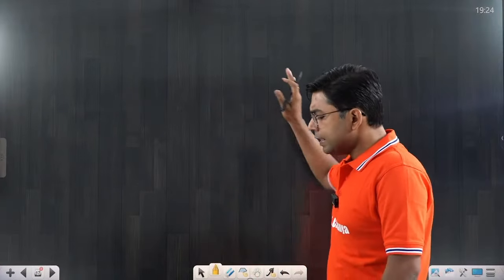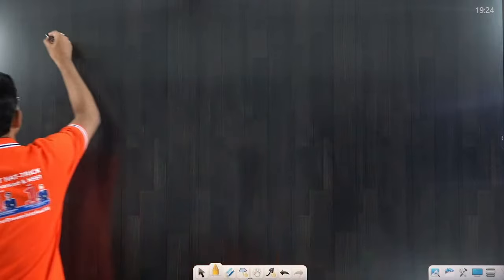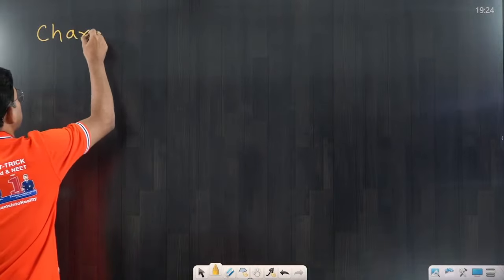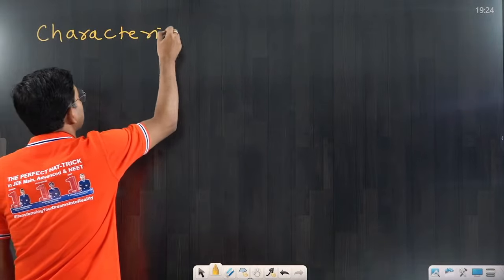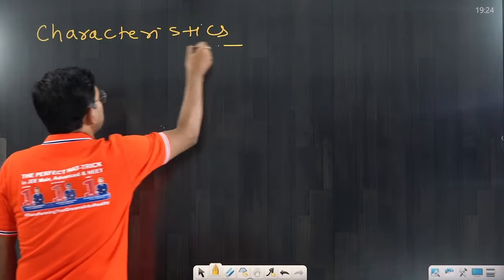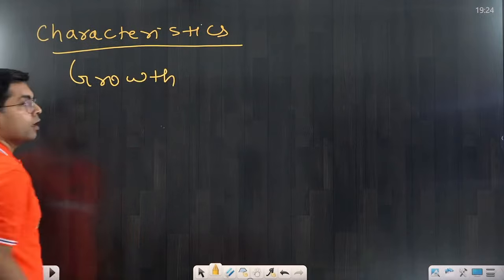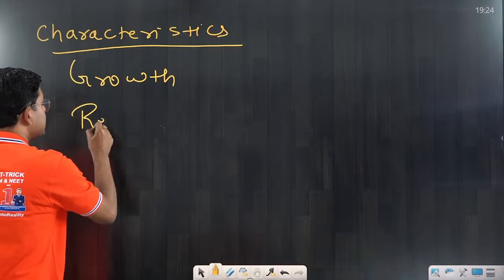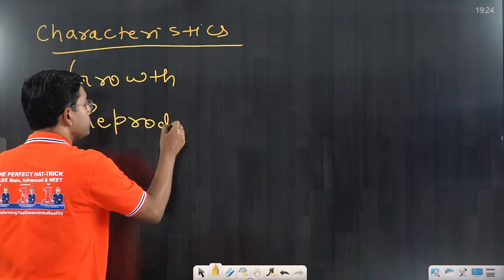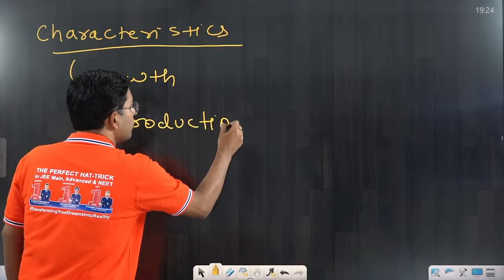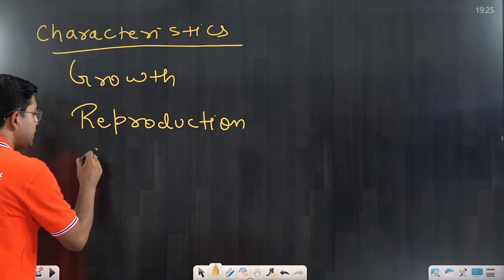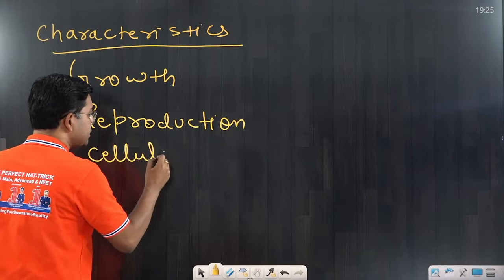So let's see some of the characteristics of living organisms. Living organism characteristic is growth. Living organism characteristic is reproduction. Living organism characteristic is cellular organization.